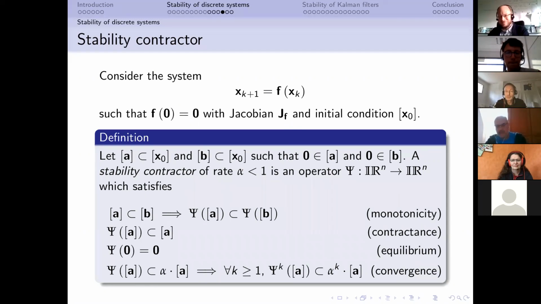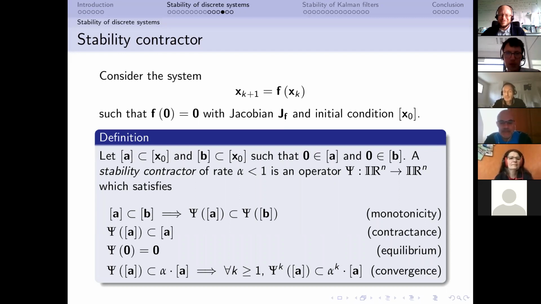The purpose of this contractor is to prove positive set invariance. I can try to reformulate if it is not clear. I think I've got it, okay.